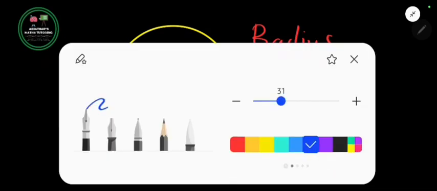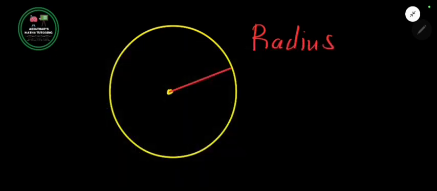Let's take blue. We have a diameter, guys. Do you guys know what is a diameter? A diameter is a line passing through the center of the circle. It is double the length of the radius. It is a line passing through the center of a circle, from one circumference to the other circumference.